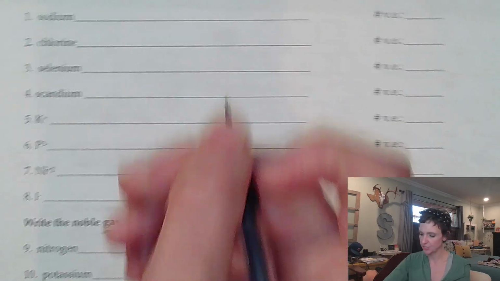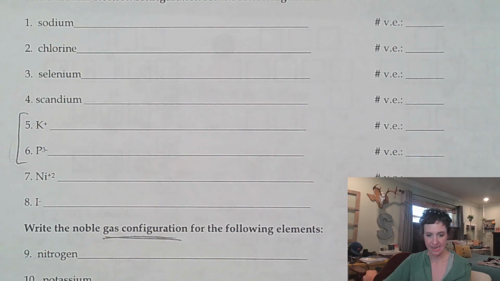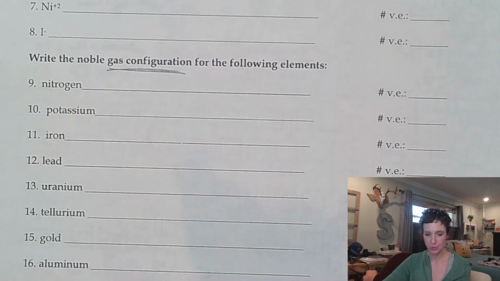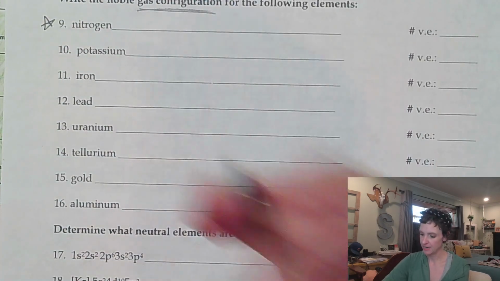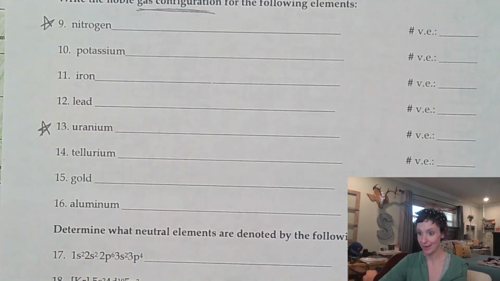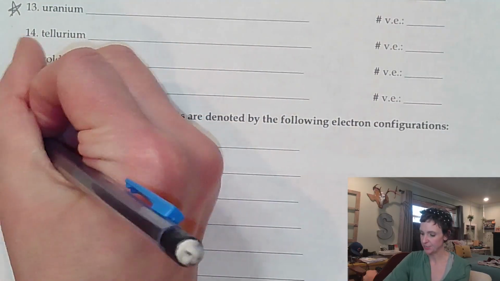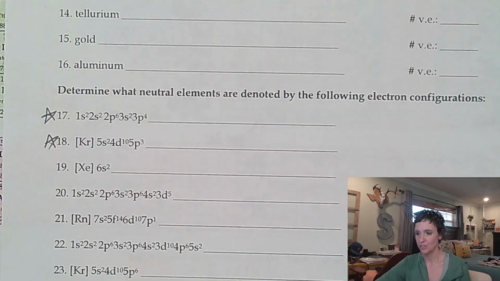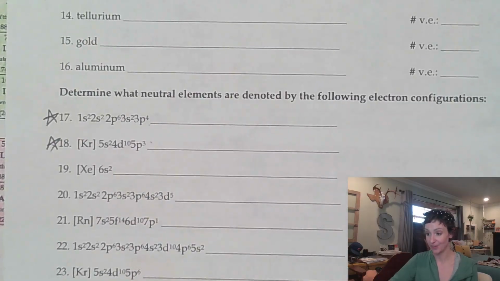So let's do actually these 2, number 5 and number 6. And then I want to do number 9, writing noble gas for nitrogen, and then writing noble gas for uranium. And then I want to do maybe the first 2 on the last section, which has us figure out what element we are trying to find by looking at what the configuration is.